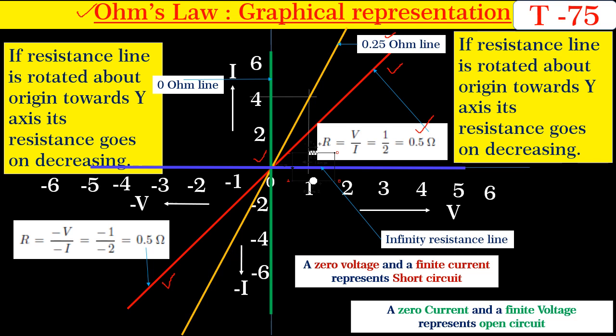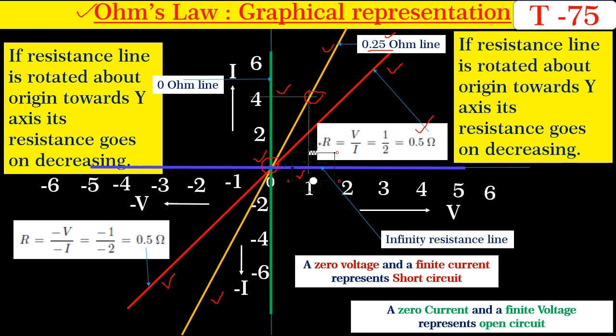You know 0.25 ohm is 1 volt divided by 4 ampere, and you get this point which could be on the resistance line. So if you join this point and the origin and draw a line from the first quadrant to the third quadrant, you get a resistance line of 0.25 ohm.